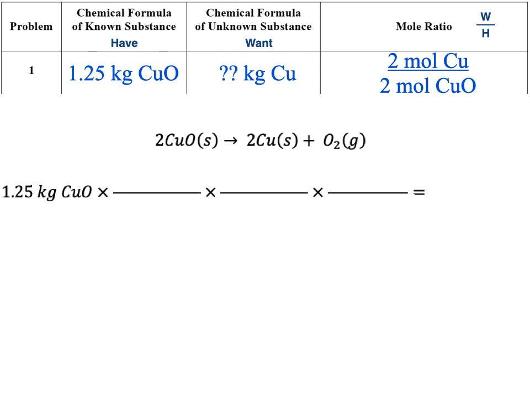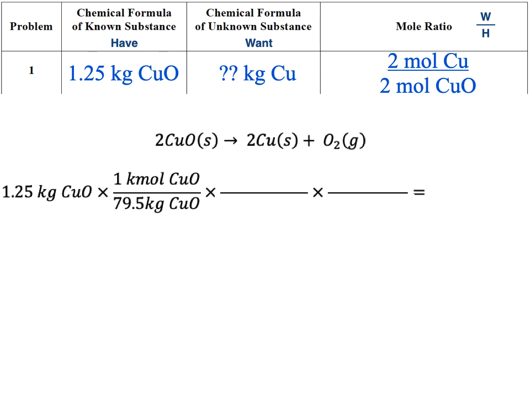What is the molar mass of copper 2 oxide, to 1 decimal place? Yes, it is 79.5 kilograms of copper 2 oxide per kilomole. So on the numerator, I put 1 kilomole. On the denominator, I put 79.5 kilograms to cancel out my 1.25 kilograms.